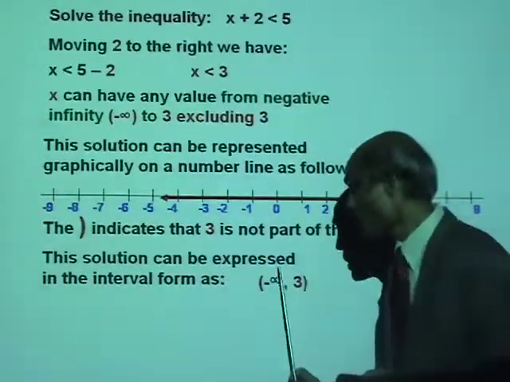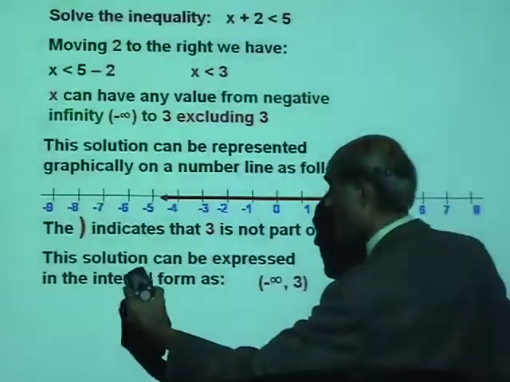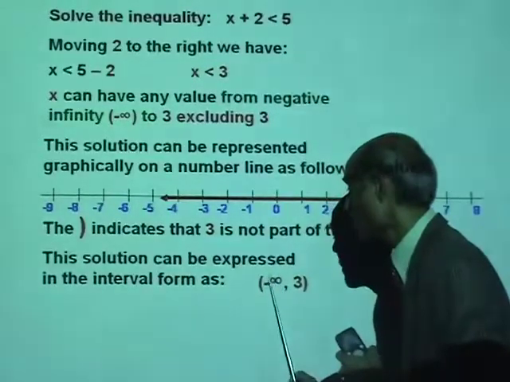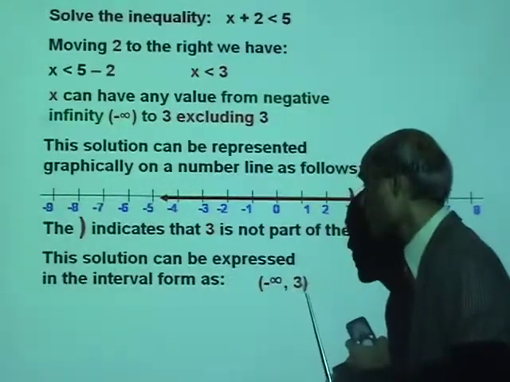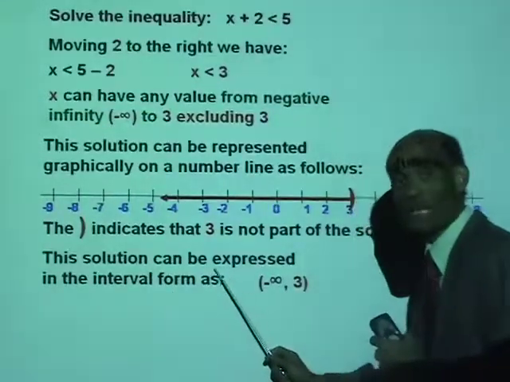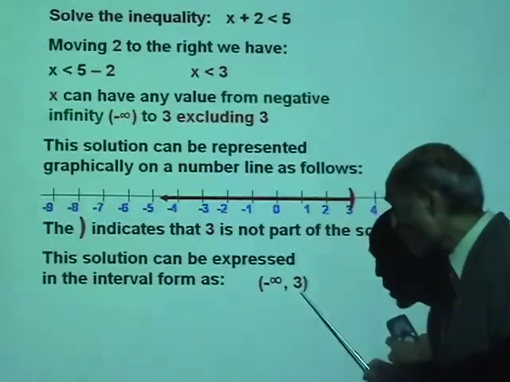On the interval, you remember, an interval always starts from the left and comes to the right. This is the left end of the interval and this is the right end. The interval starts all the way from negative infinity to 3. 3 is not included.